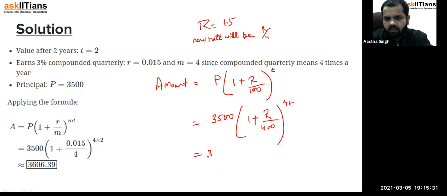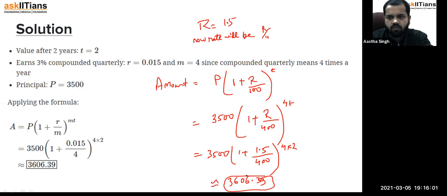So just put the values: 3500 into (1 plus 1.5 divided by 400) to the power 4 into T, and time is 2 years. If you just calculate, you will get the value of what? 3606.39. This is how you calculate.